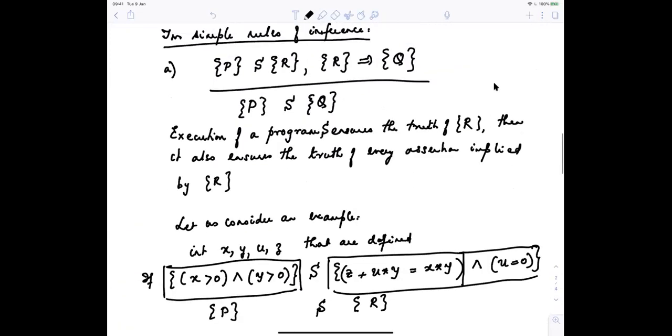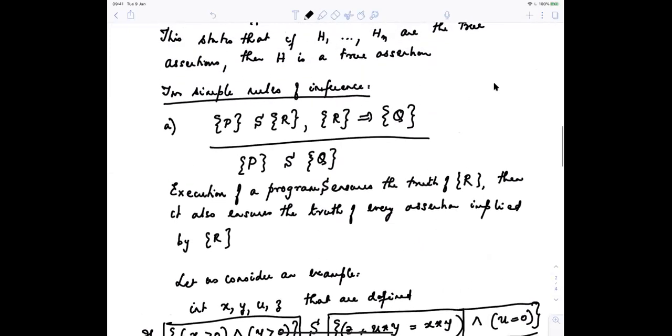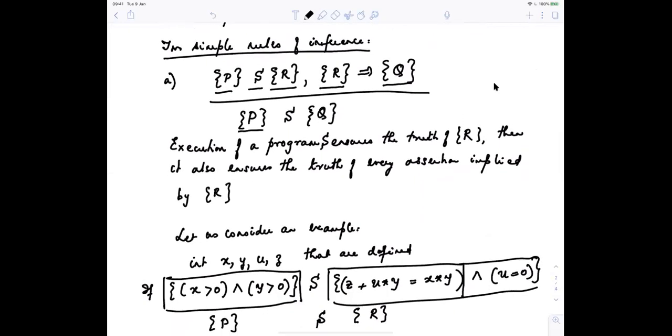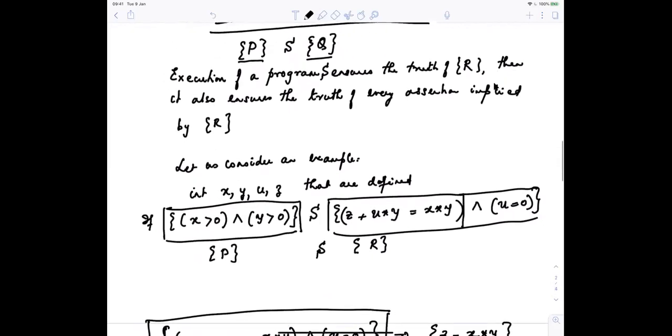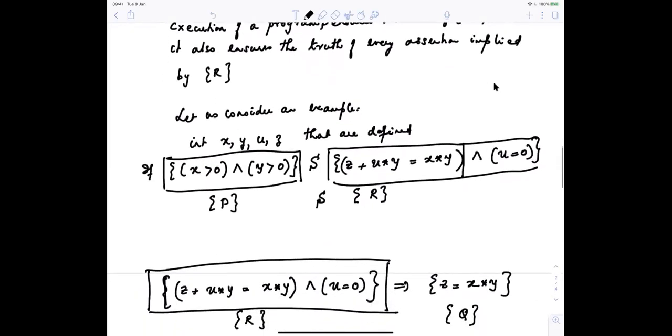Again, to recap, what is it that we are saying? If this is the precondition and after the execution of a set of statements, we can assert a postcondition R, and this postcondition R implies an assertion Q, then we can conclude that the precondition P after the execution of a set of statements results in the postcondition Q. And we saw this again with an example where we said, let us assume x, y, u, and z are integers which are defined.